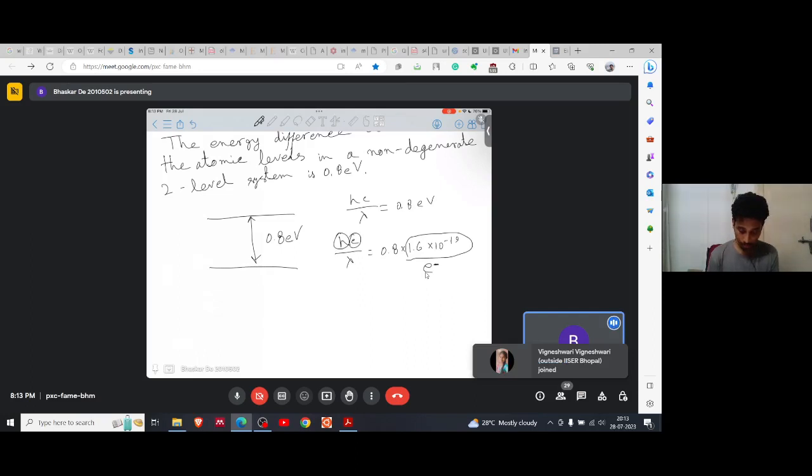If we put the value of hc, then we get lambda equal to 1.55 micrometer. So if a photon is emitted from this energy state, the wavelength of that emission will be 1.55 micrometer.